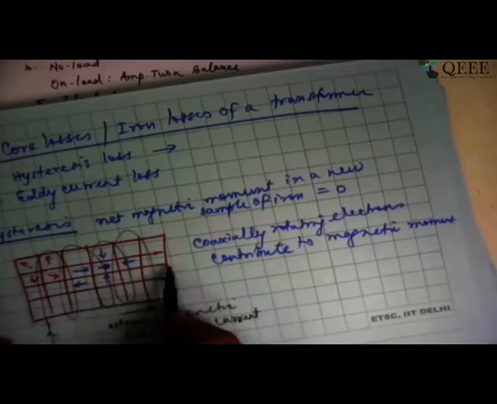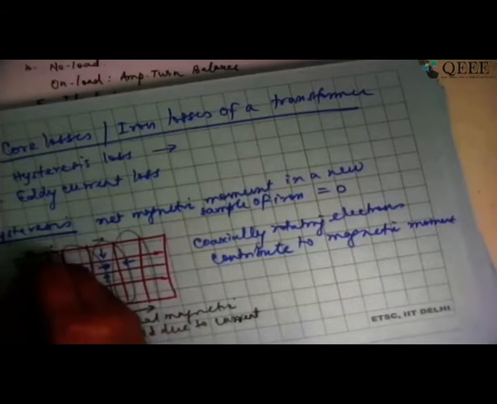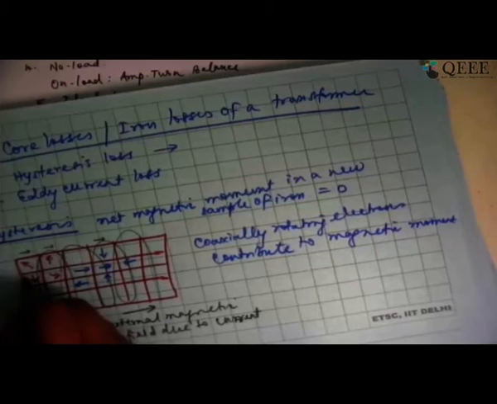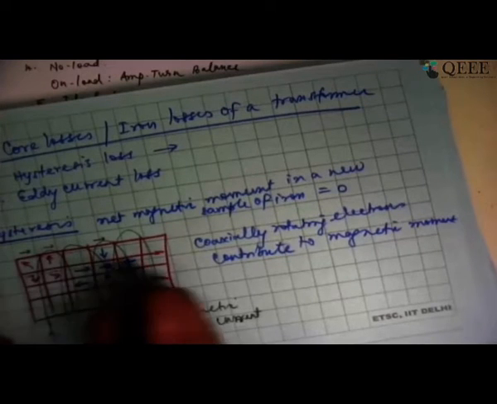Now this magnetic field is going to make all these domains which are inherently present also align themselves. So this is going to align like this, this is going to align like this, and so on. So all of them are going to be aligned along the magnetic field, which is the extrinsic magnetic field.